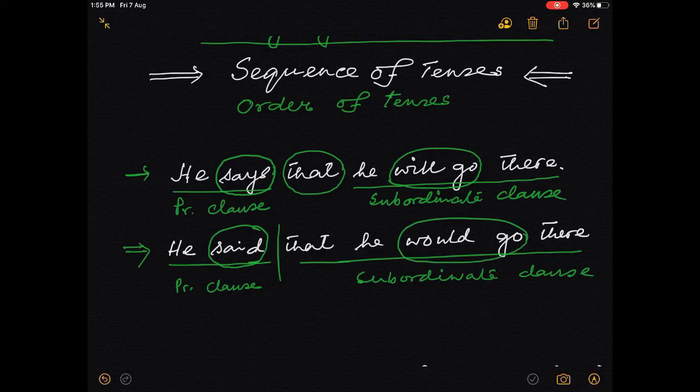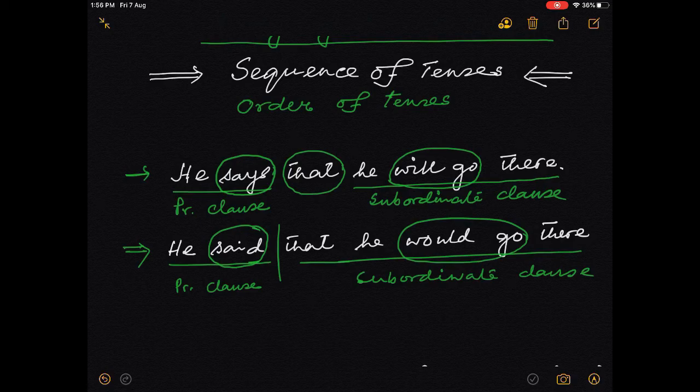Now we can see that the verb in the principal clause is in the past tense, and the verb in the subordinate clause is also in the past tense. In the first sentence, the verb in the principal clause is in the present tense, and the verb in the subordinate clause is in the future tense. So, one is present and the other one is future.